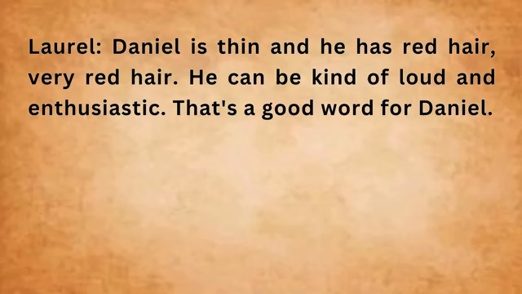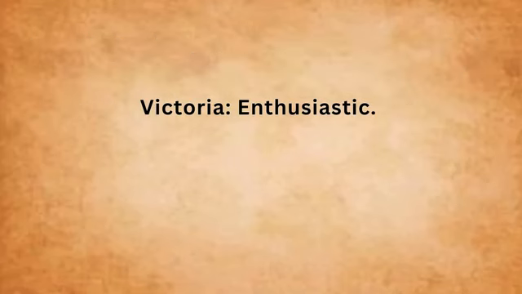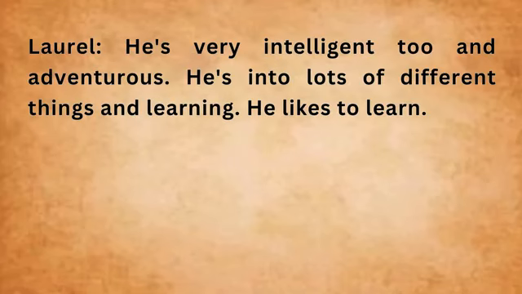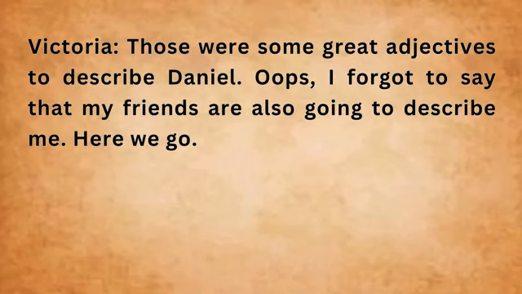That's a good word for Daniel. Victoria. Enthusiastic. Laurel. He's very intelligent too, and adventurous. He's into lots of different things and learning. He likes to learn. Victoria. Those were some great adjectives to describe Daniel.